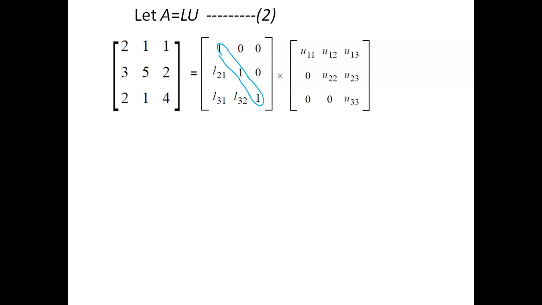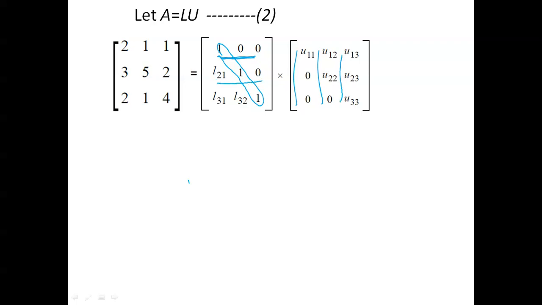Now, on the left hand side, we are multiplying 1 into U11 plus 0 into 0 plus 0 into 0. So we are multiplying the first row and first column. In the same way, first row and second column, and first row and third column.